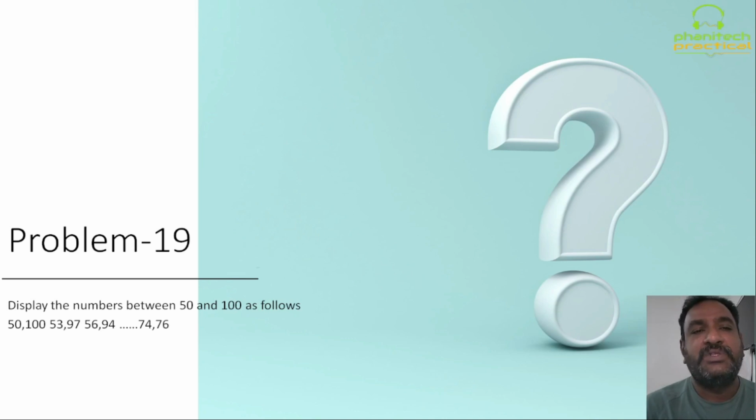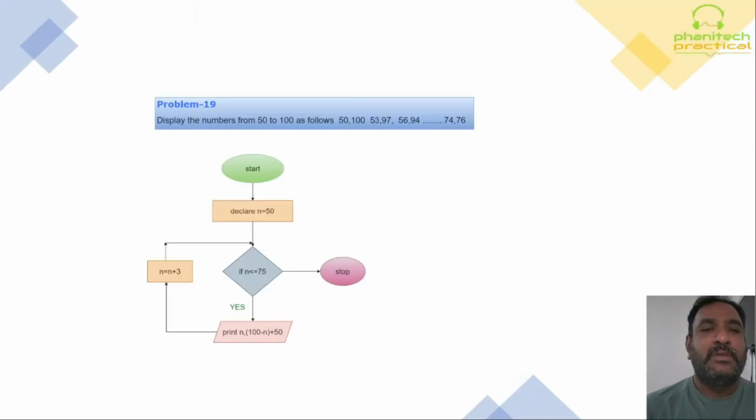And what is the expression you want to display? Here also you need only one number. The initial value of that number is 50. Why is it 50? Because the range is given like this: between 50 and 100 you want to display the numbers like this. So if the n value is 50, the primary condition becomes less than or equal to 75.